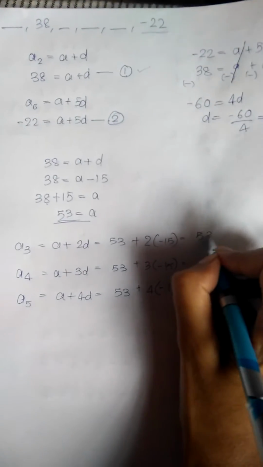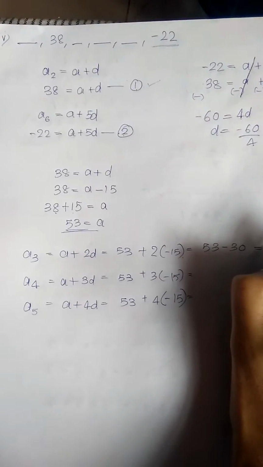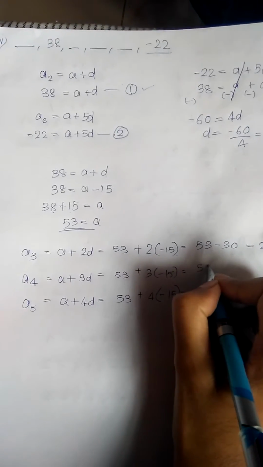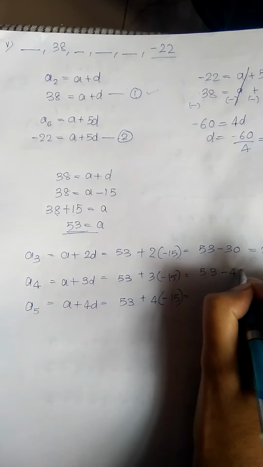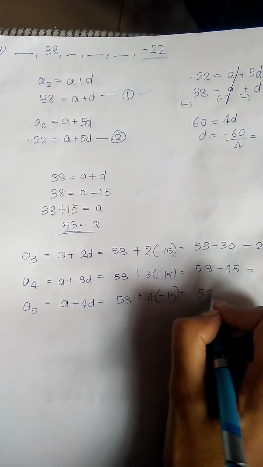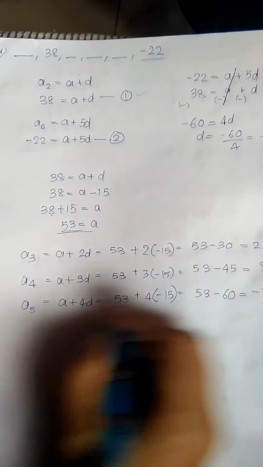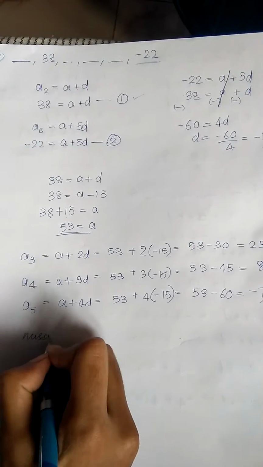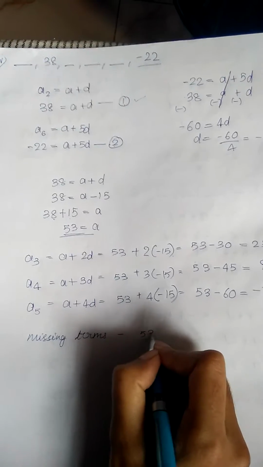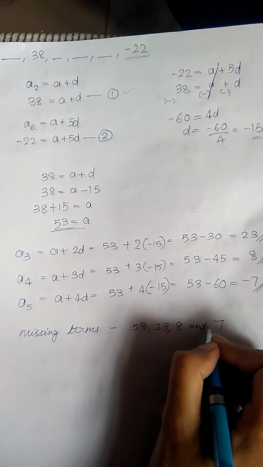So 53 minus 30 is 23, that is the third term. 53 minus 45 is 8, that is the fourth term. 53 minus 60 is minus 7, that is the fifth term. So the missing terms in the given series are 53, 23, 8 and minus 7.